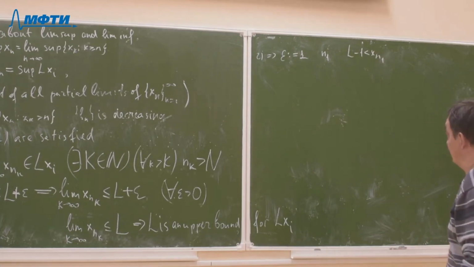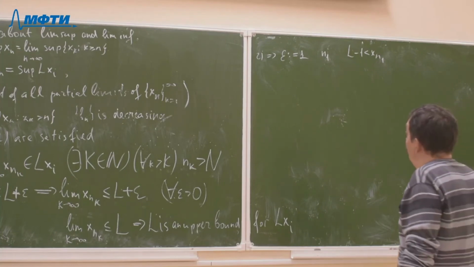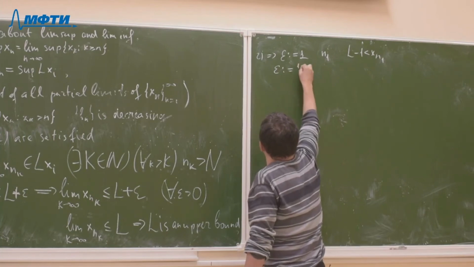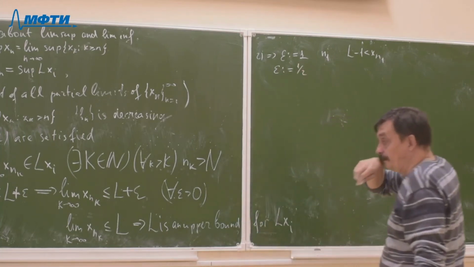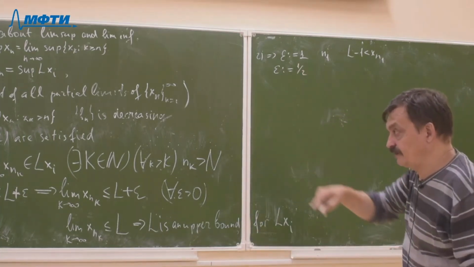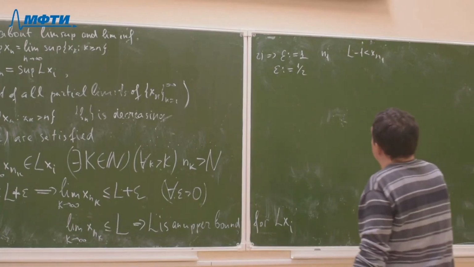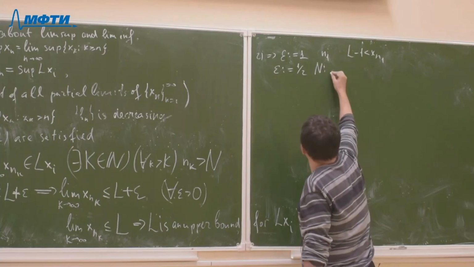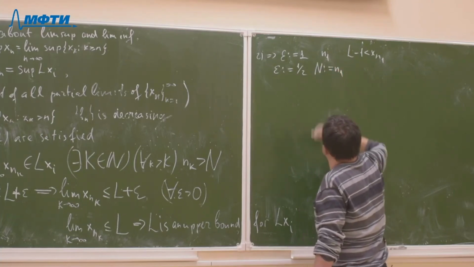Okay, then we put epsilon equals 1/2. Then for arbitrary capital N we have something. Now I'll take N equal to n1.